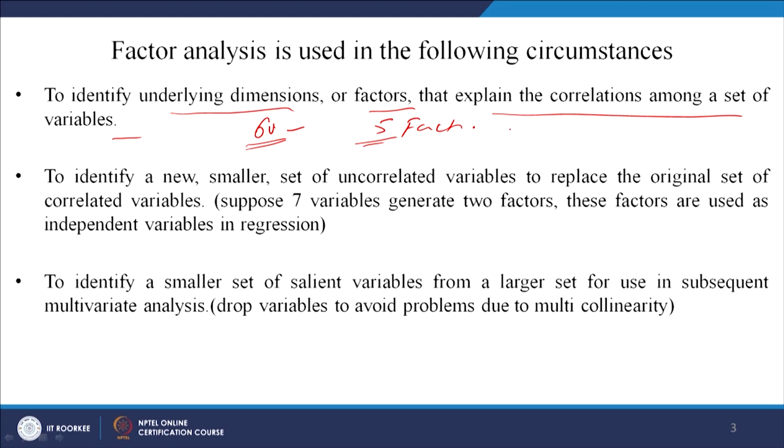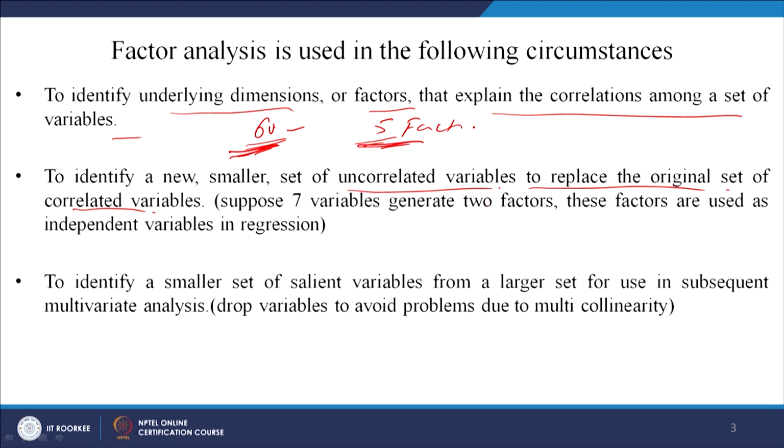Discriminant validity says that one factor is sufficiently different from another factor. So, we are replacing these 60 with these 5.